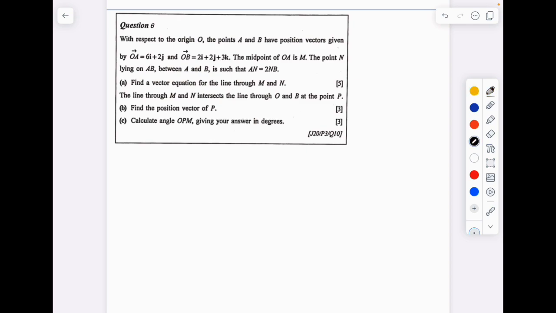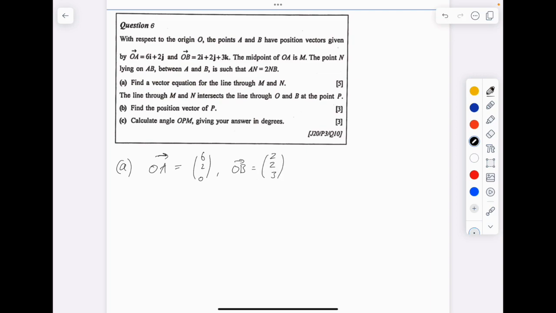Right. So there's a good way to go about this. What we can say, firstly, okay, so we know what OA, let's get this in the right form. So OA is equal to 6, 2, 0, and OB is equal to 2, 2, 3.